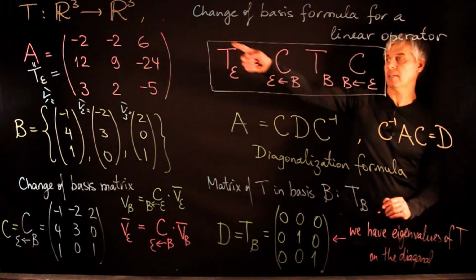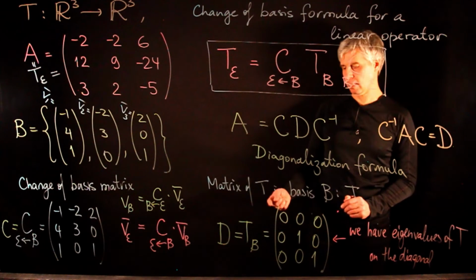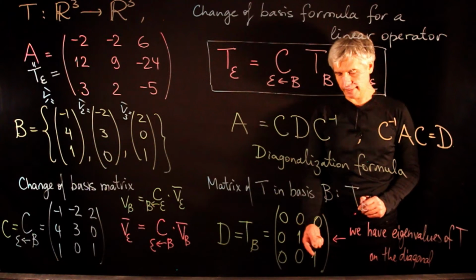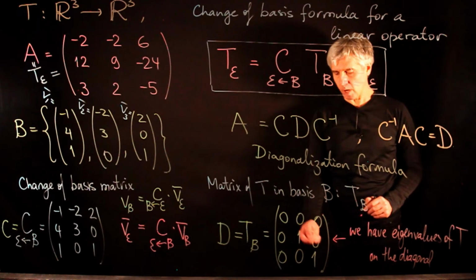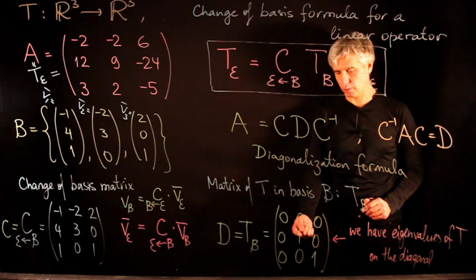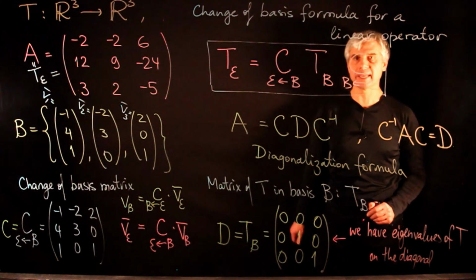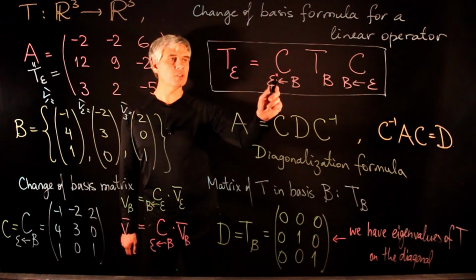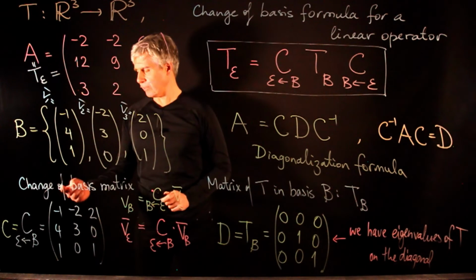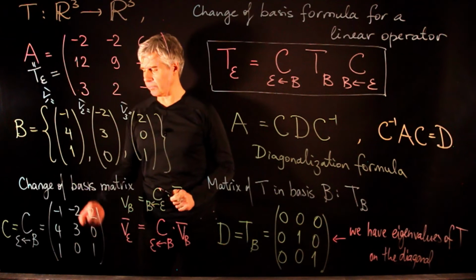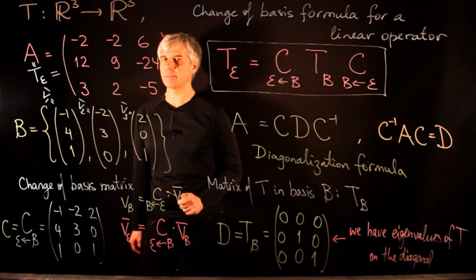This operator had eigenvalues 0 and 1. The 0 eigenspace was one-dimensional, and the lambda equals 1 eigenspace was two-dimensional. And so because of this, we have two ones on the diagonal. And in the change of basis matrix C from B to E, we have the standard coordinates of the eigenvectors as columns.